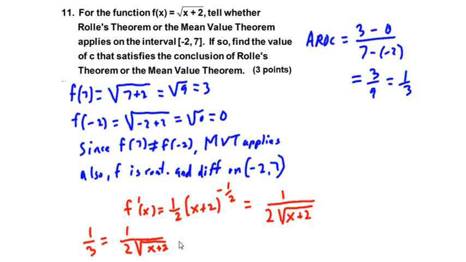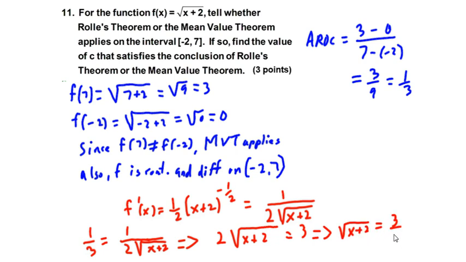And for this to be true, we would have to have 2 times the square root of x plus 2 equal to 3. And dividing by 2, we have the square root of x plus 2 equals 3/2.